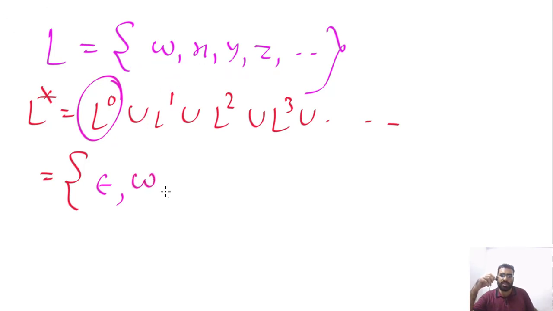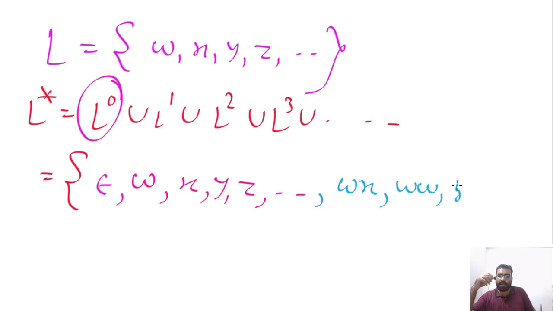Because of L power 2, you have strings which have two parts, like WX, WW, XY, and so on. Similarly, because of L power 3, you have strings like WWW, which have three parts.